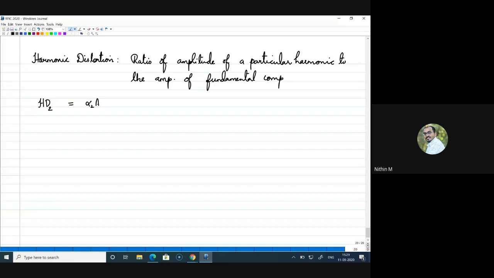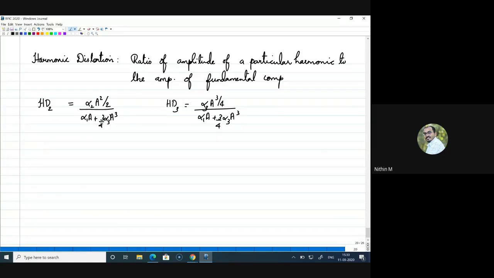So alpha 2 a square by 2 divided by the amplitude of the fundamental component, which is alpha 1 a plus 3 by 4 alpha 3 a cube. This is your harmonic distortion 2. Similarly, I can write harmonic distortion 3 also. There I'll write alpha 3 a cube by 4 divided by the same denominator, alpha 1 a plus 3 by 4 alpha 3 a cube.